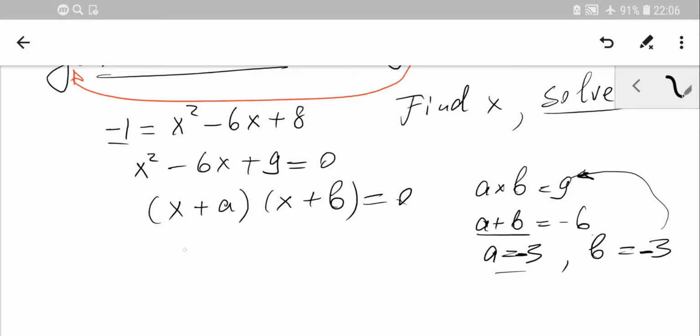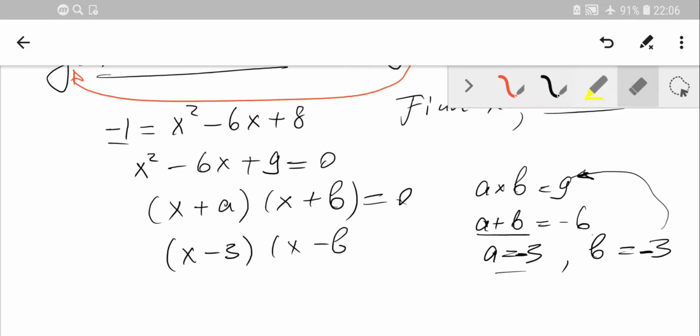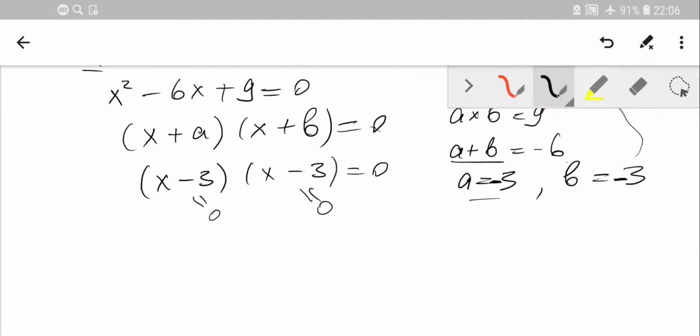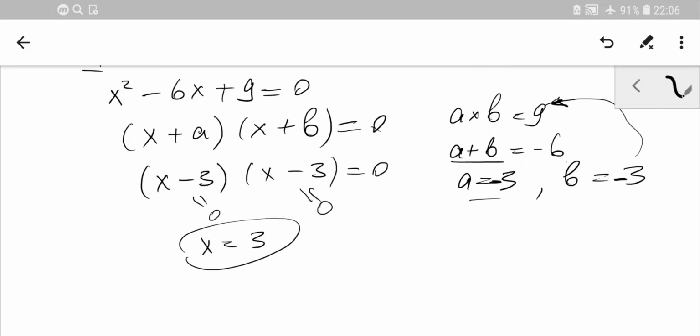Okay, so we found them, and just simply plug them back into this factorized form, from where we can say that by null factor theorem or null factor law, we know that each factor is going to be 0, so we have just two values, x equals 3, that coincide.